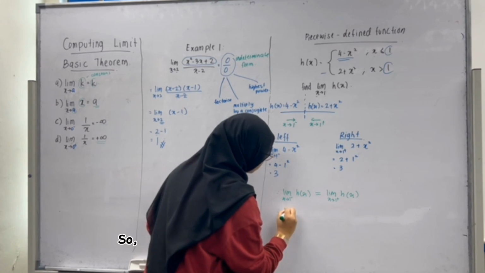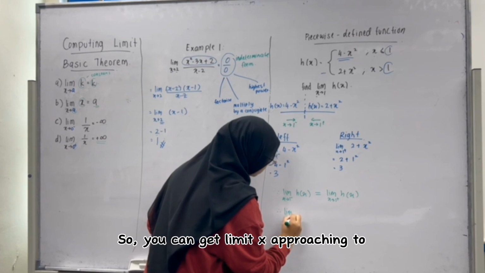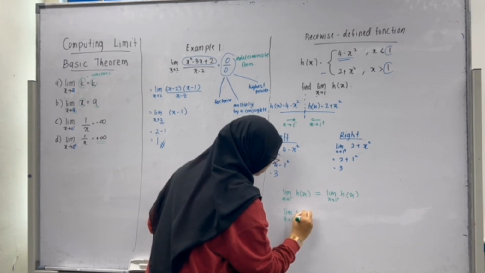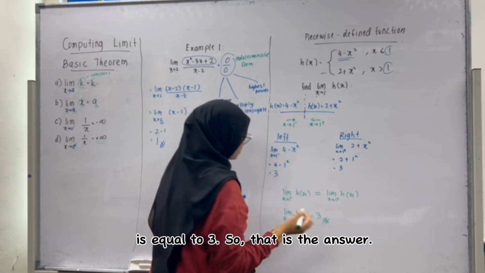So the limit as x approaches 1 of h(x) is equal to 3. So that is the answer.